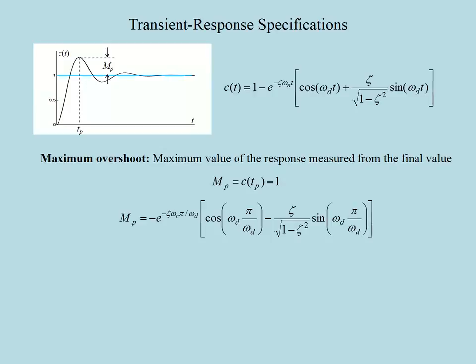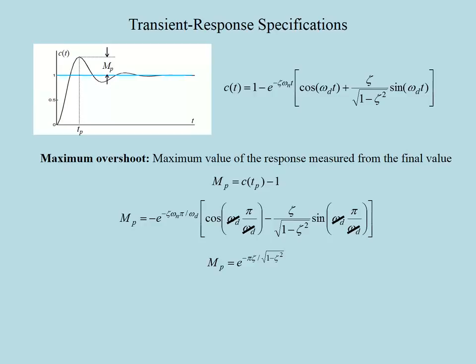So we substitute pi over omega_d for t in the expression of c(t) and subtract 1. We can cancel omega_d terms, and noting that sine pi is equal to 0 and cosine pi is equal to minus 1, we can obtain the expression for maximum overshoot.